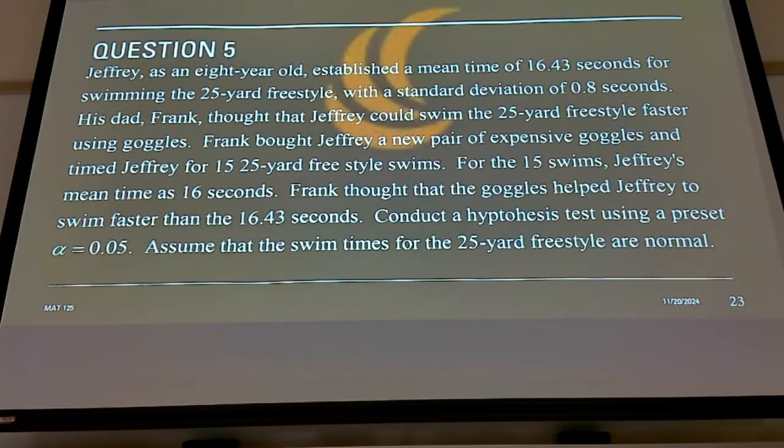Assume that the swim times for the 25-yard freestyle are normal. That's important, because it's normally distributed, we can perform the test. If it wasn't normally distributed, we'd have to have at least a sample size of 30, which in this case we don't.